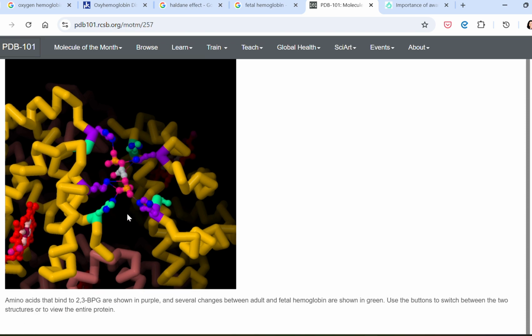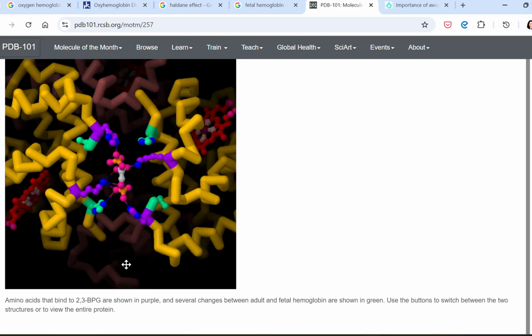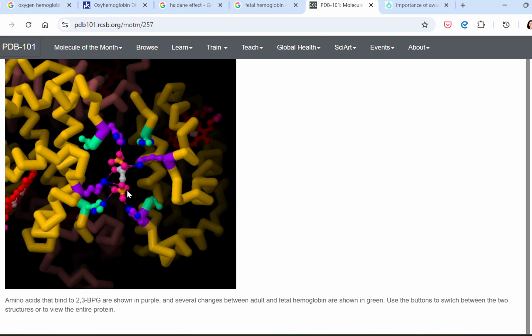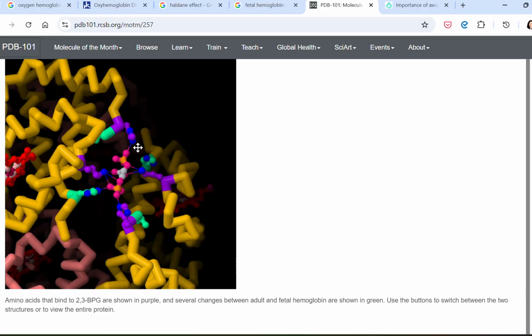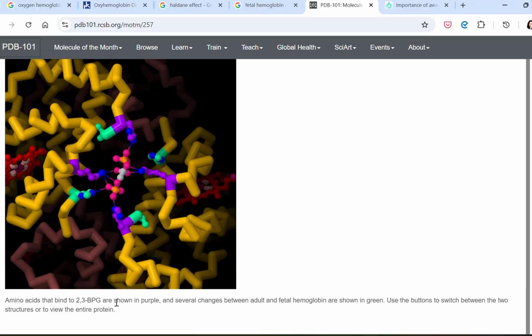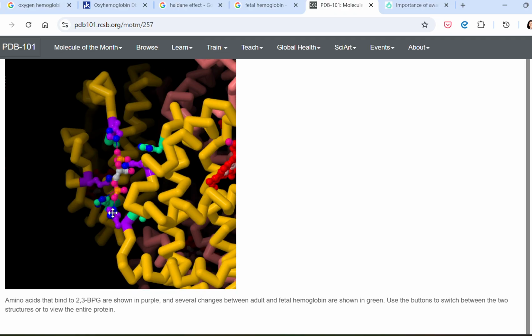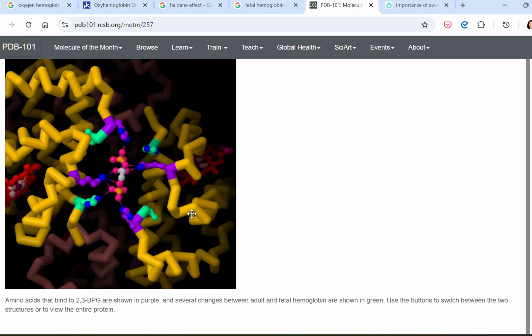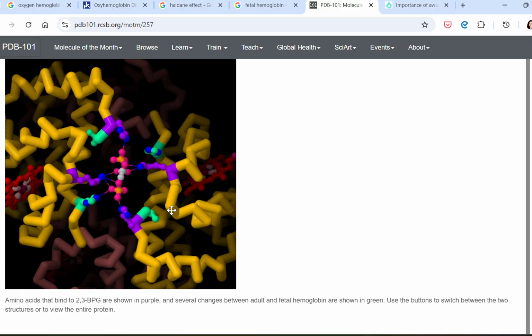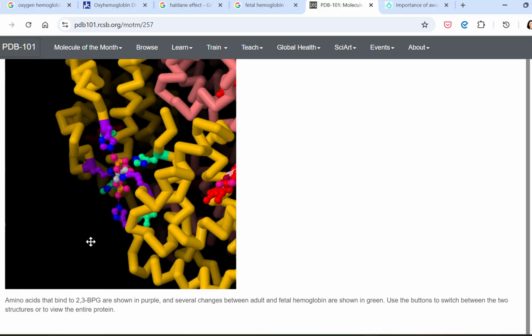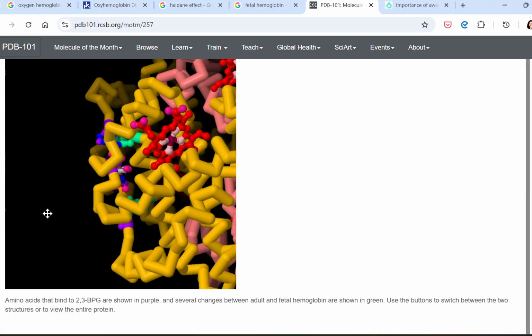This is the normal hemoglobin. 2,3-BPG is shown in purple, and the neighboring amino acids are shown here.